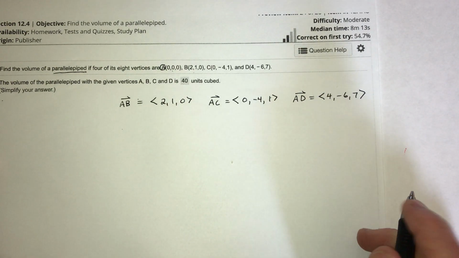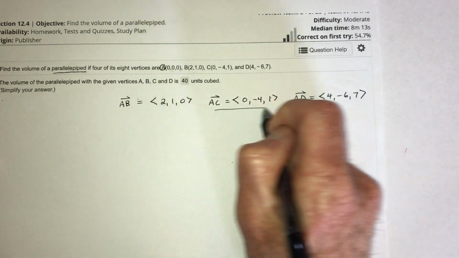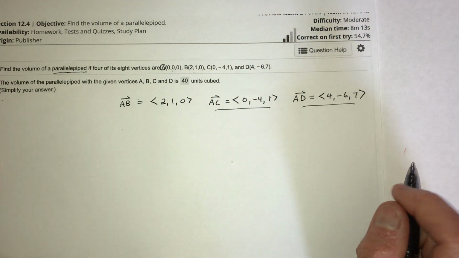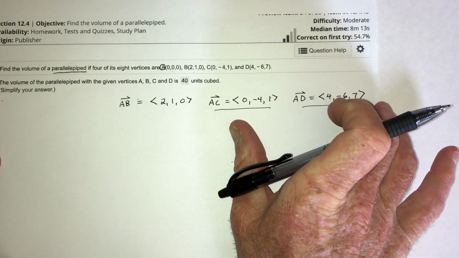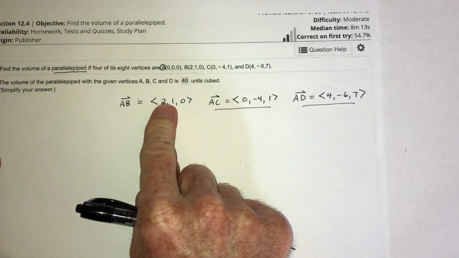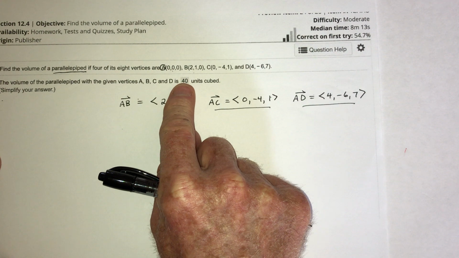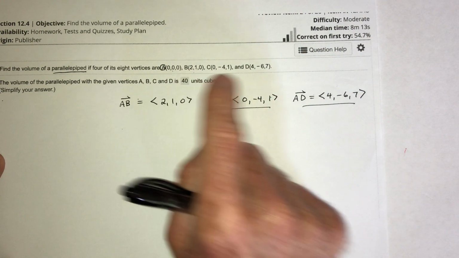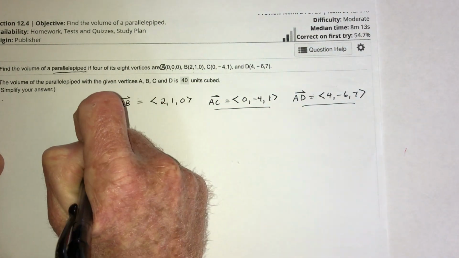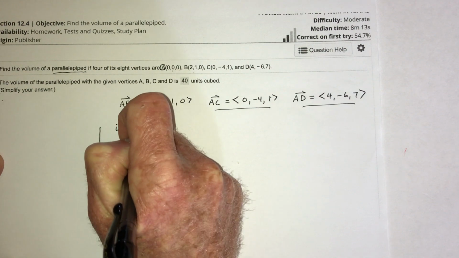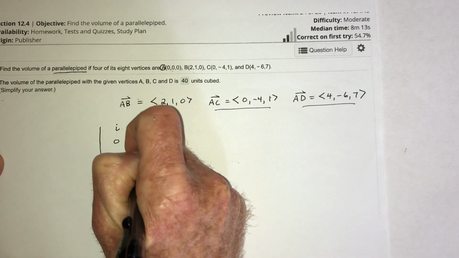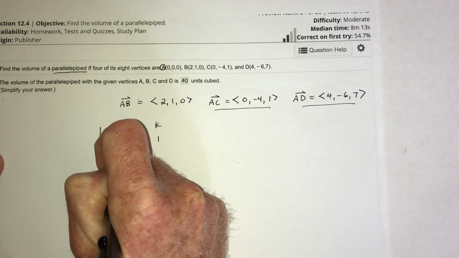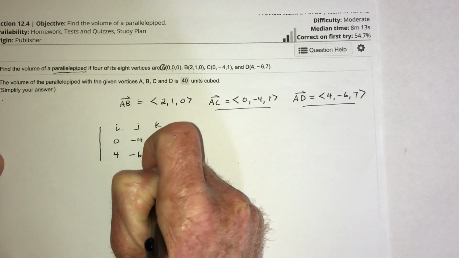Okay, so now I need to pick two of these vectors. I'm going to pick this one, and then do the cross product. And when I'm done with the cross product of these two, then I do the dot product with that, and I should get the number 40. So let's see. Here's the I, J, K, 0, negative 4, 1, 4, negative 6, 7.